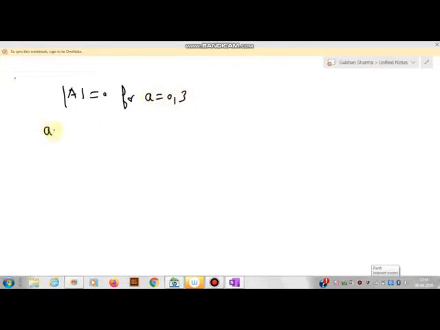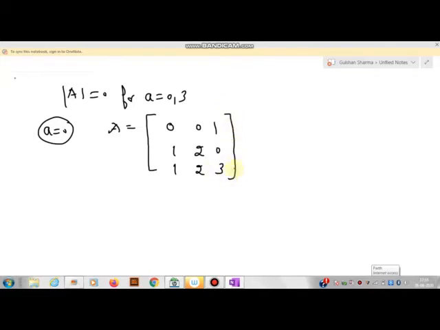So for A is 0, let us find the matrix A. Matrix A is 0 0 1, because I am substituting the value, and 1 2 0 and 1 2 3. Because the determinant is 0 for this value, the rank cannot be 3, it is less than 3, so it may be 2. So let us find the minors of order 2.